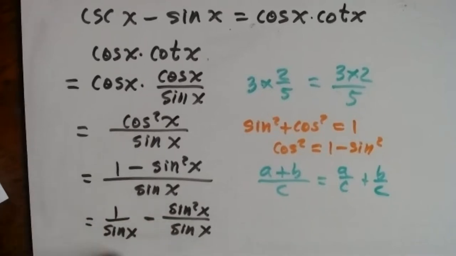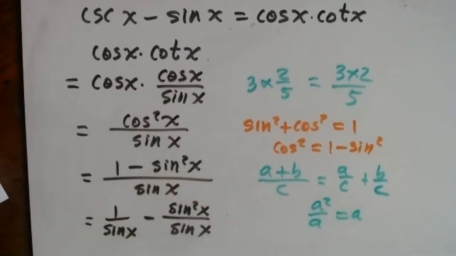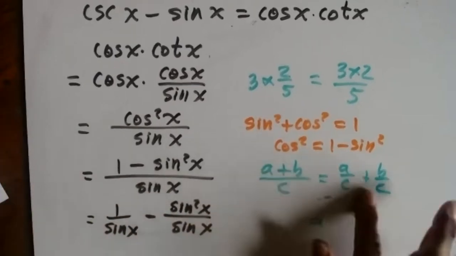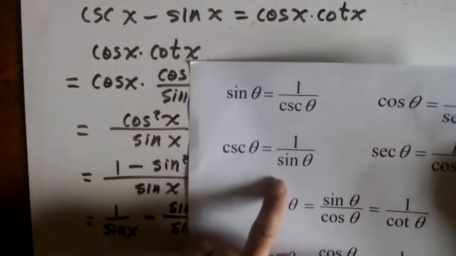Now, what is sine squared over sine x? Well, you have a square over this one, so you have a squared over a, that's an a, correct? And the other one is what? 1 over sine is cosecant, you see?